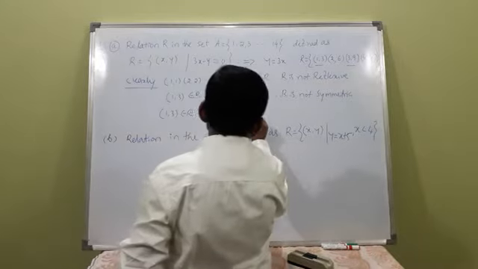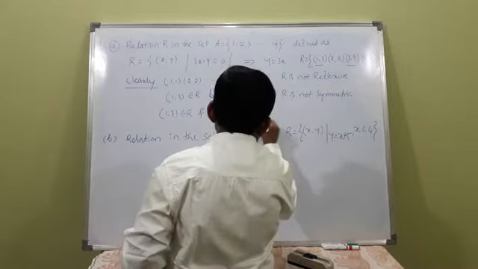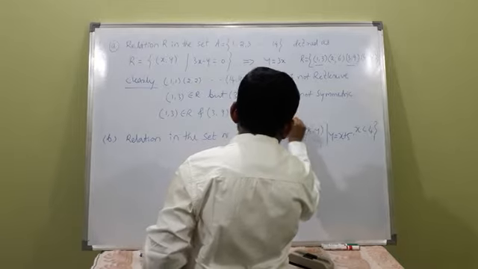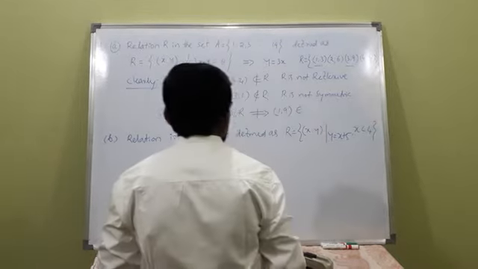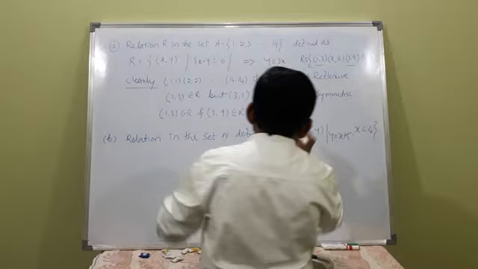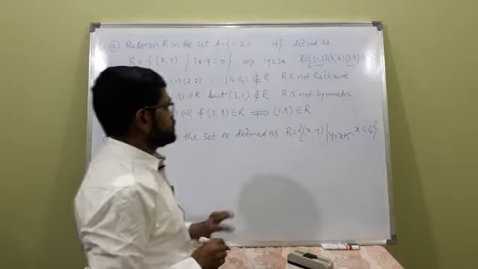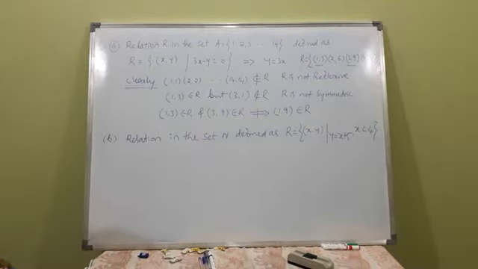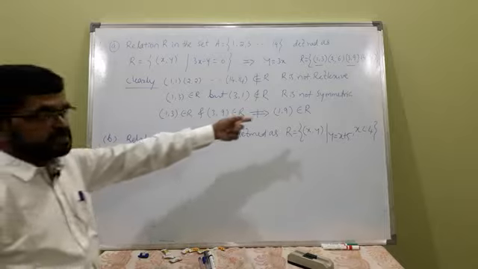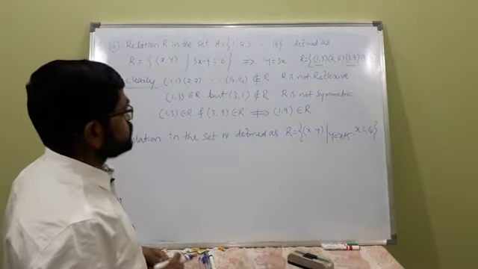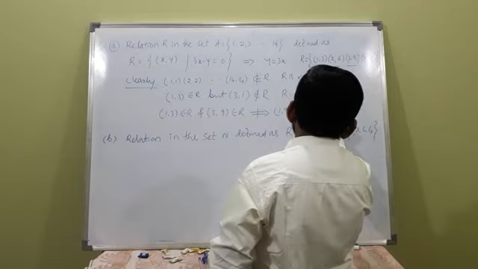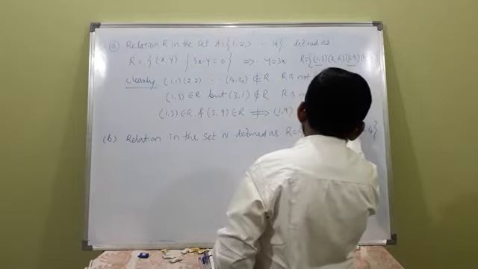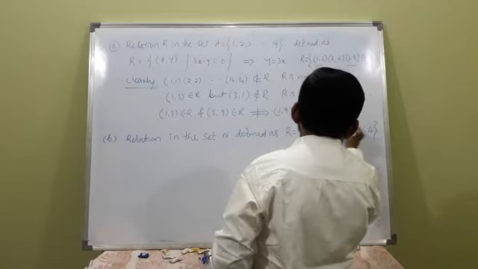This does not imply (1,9) belongs to R. So R is not transitive.